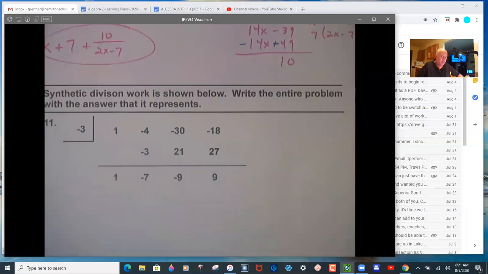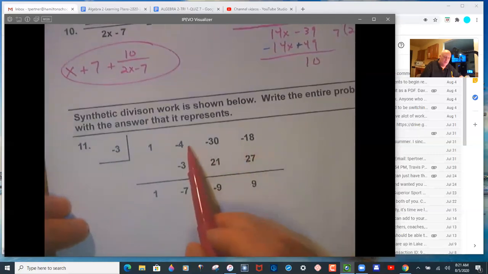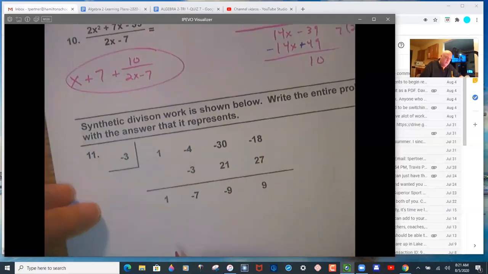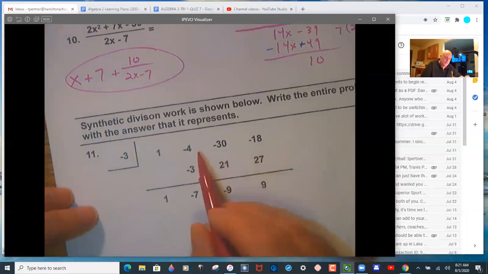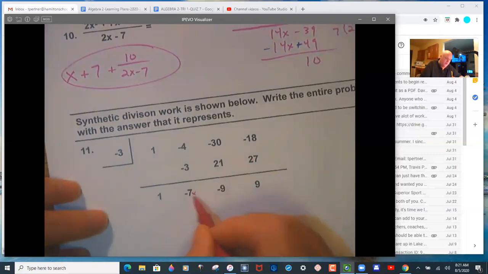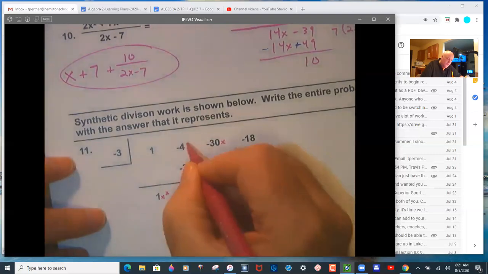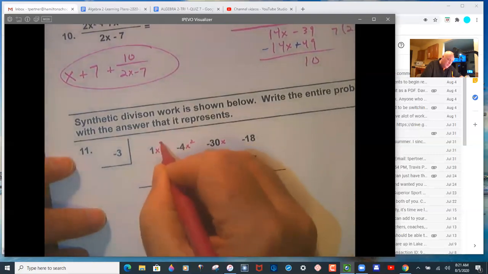Okay, synthetic dividing. You need to write the problem out that this represents. How very cool. So x and x squared. This is just the number, then x here, and x squared and x cubed.